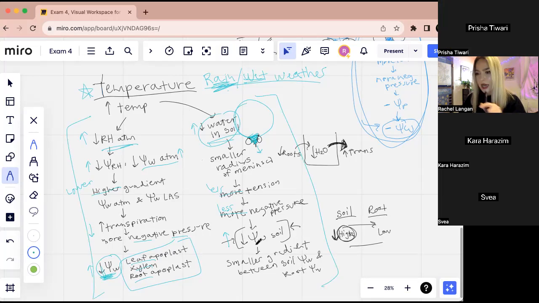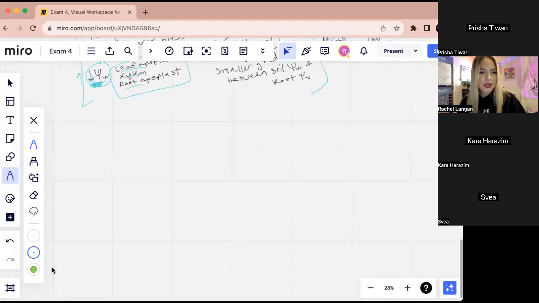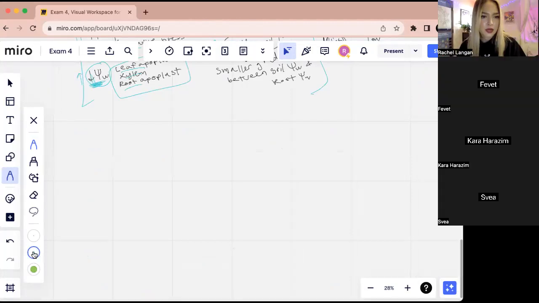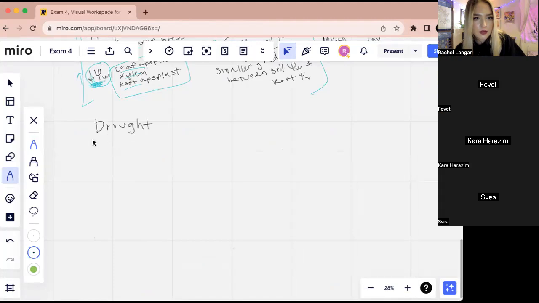No, not on that. Okay, so then we can think about what happens in the specific case of a prolonged drought. Drought effects on water flow.